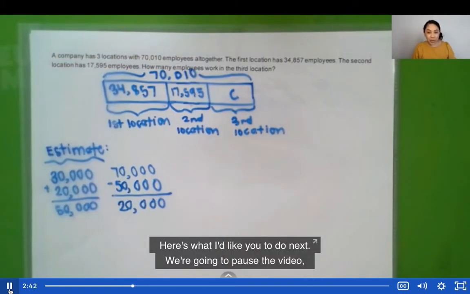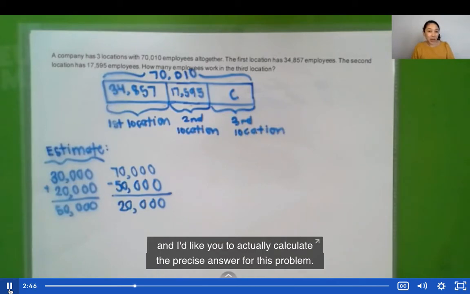Here's what I'd like you to do next. We're going to pause the video, and I'd like you to actually calculate the precise answer for this problem. Okay, go ahead and work out the exact answer for this problem.